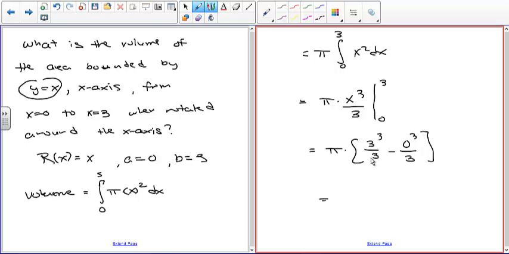And 3 cubed divided by 3 is 3 squared, so you just get 9 pi. So that's the volume. I don't have any units, but if we had units, it would be units cubed. And that makes sense because x has dimensions of length, so if we cube that, we're going to have cubed units.